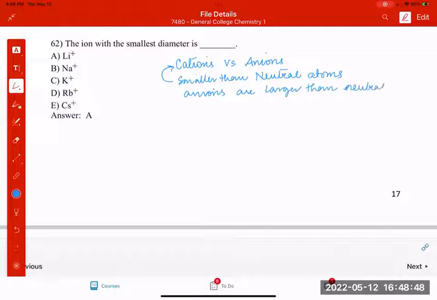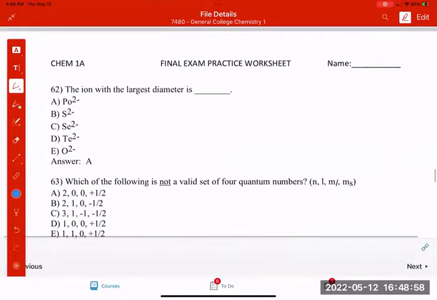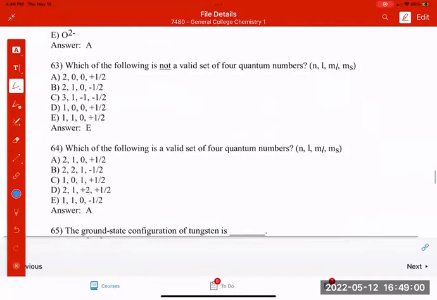So that's one piece. Now we are looking at all of them the same. So the ion with the smallest diameter, obviously the smallest one out of this is the lithium. So all this you can do.